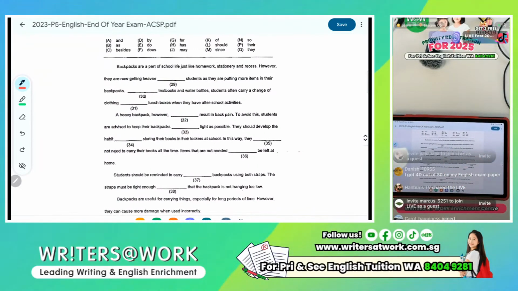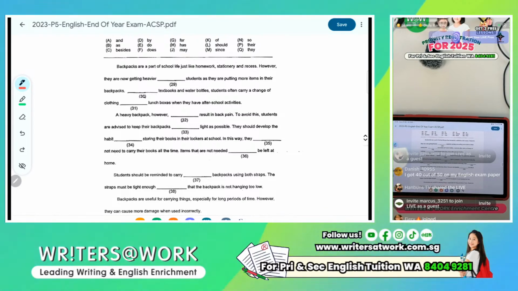All right. Backpacks are part of school life just like homework, stationery, and recess. However, they are getting heavier as students are putting more items in their backpacks.